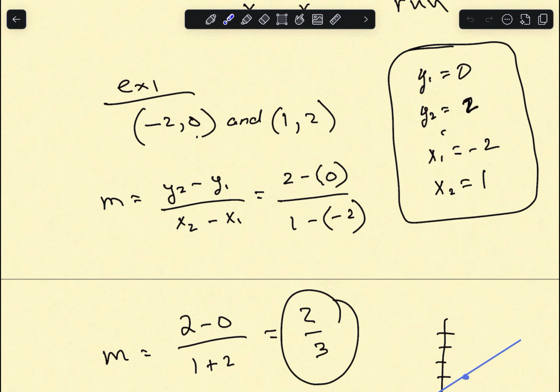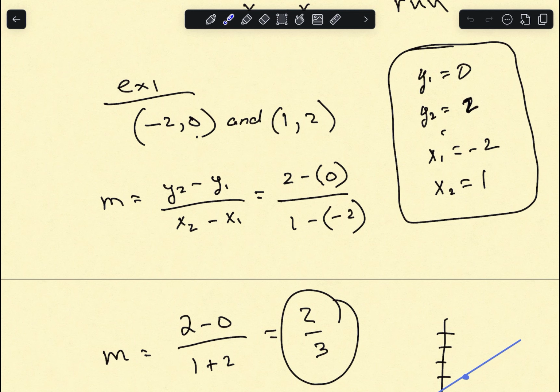y2 is 2, y1 is 0, that makes that easy, right? And then you have x2, which is 1 right here, and x1, which is negative 2.